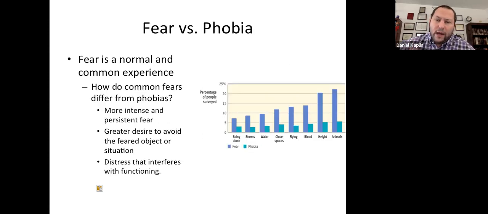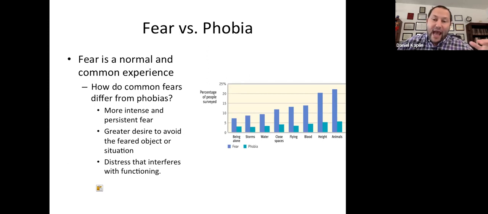Oh, before I go on, I do want to show this graphic. If you look at it, this was a survey done measuring fears and phobias, and there are a whole bunch of them. They started with things like being alone, all the way to things like blood, heights, and animals.